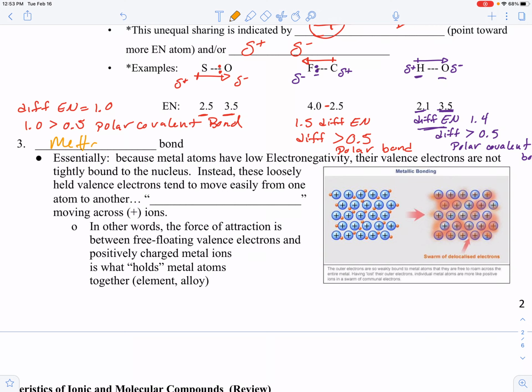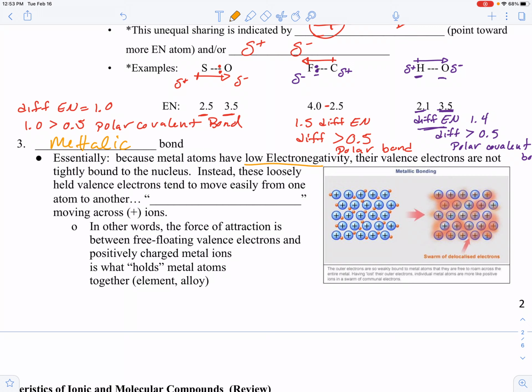These are metallic bonds. When metals are bonded to other metals, if you have an elemental metal like all gold, or if you have an alloy metal, essentially what's happening is that they all have low electronegativities. So their valence electrons are not tightly bound to the nucleus, and they lose those electrons pretty easily.